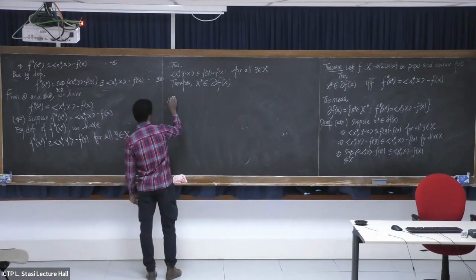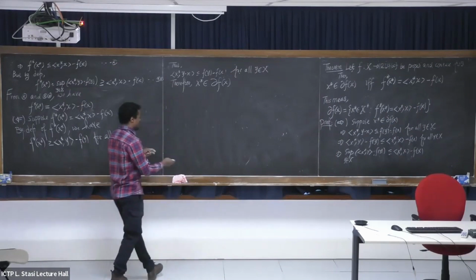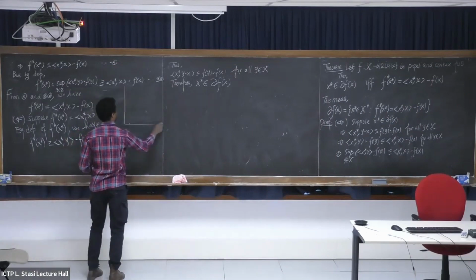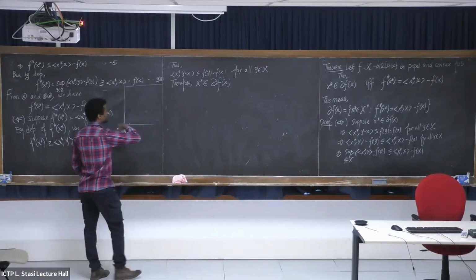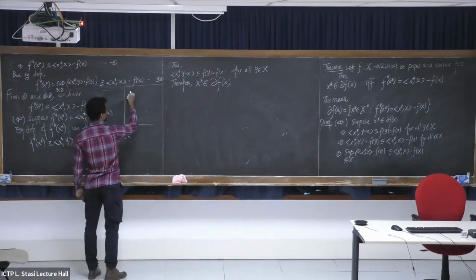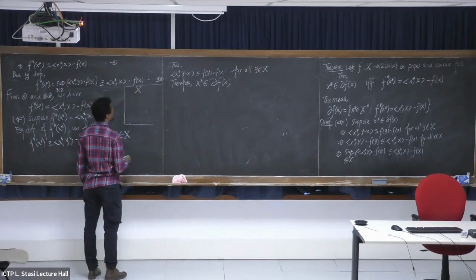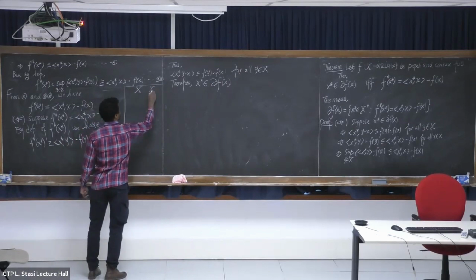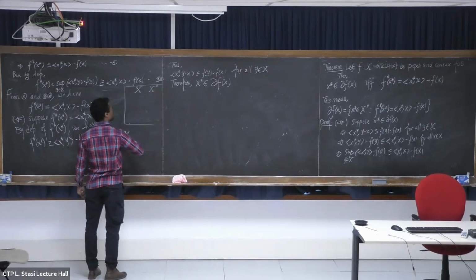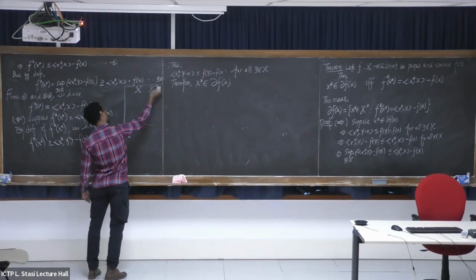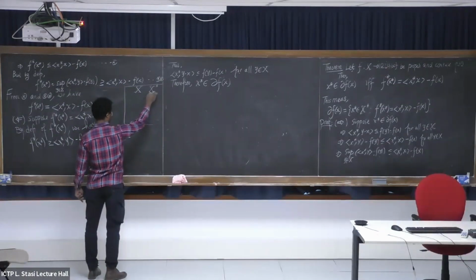But I would like to express this in the sense that if we have a normed space X and its dual, then consider the dual of the dual space.